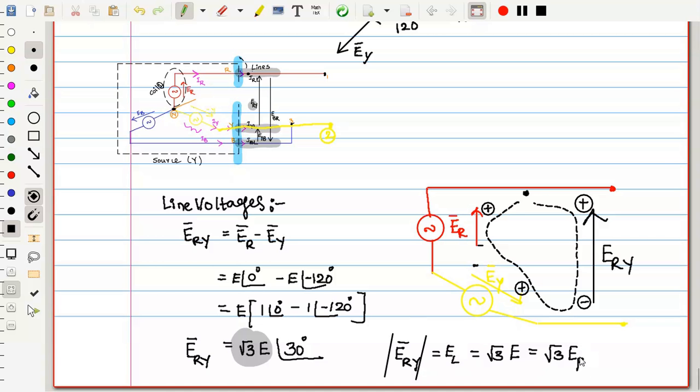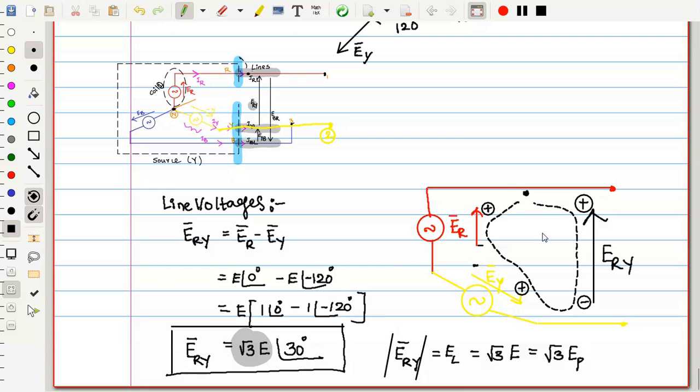If EP is given, root 3 times EP is EL. If EL is given, EP is equal to EL by root 3. Got it? Yeah, so this is very important. Now keep this expression aside. We will refer to it again after deriving the remaining two line voltages, while plotting the phasor diagram.